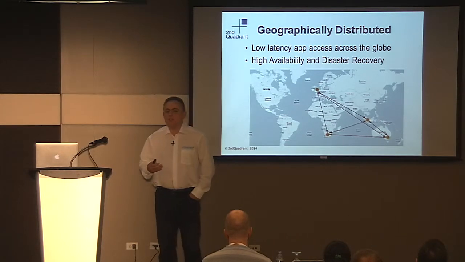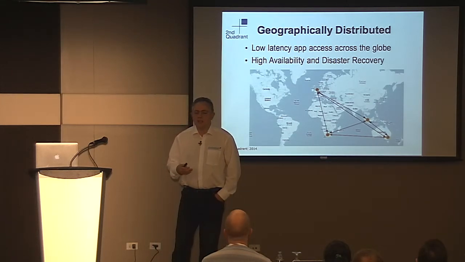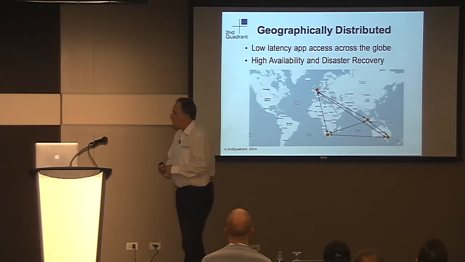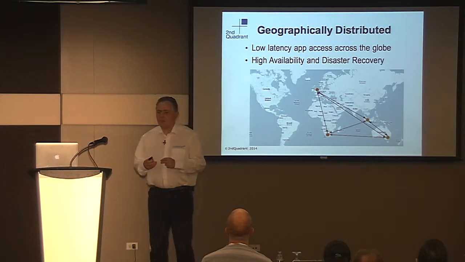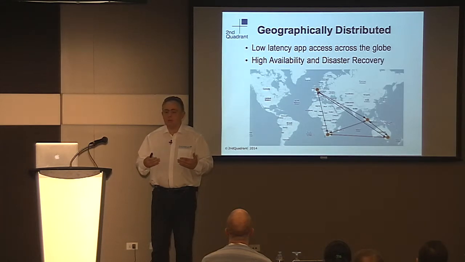The alternative would be to have users in Australia basically making cups of tea every time they press a button on their system, because it's going to have to go all the way to the UK and then all the way back again. So by doing this, this company is able to have user groups split up all across the world, all of whom enjoy direct and immediate access to the databases.